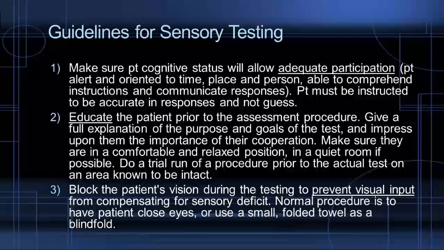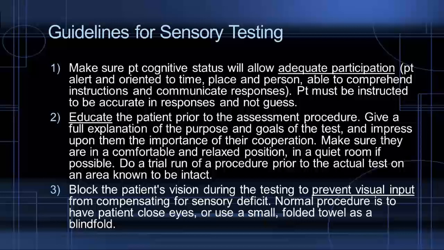If you're in the middle of a busy gym, it's a lot different trying to distinguish between sensations than if you're in a quiet room where you're not distracted. You might do it on an area that you know is intact and say, okay, this is what it's going to feel like, the 2-point discrimination or something like that, and now we're going to do it over on this area. So we have to teach them how to respond to these tests.